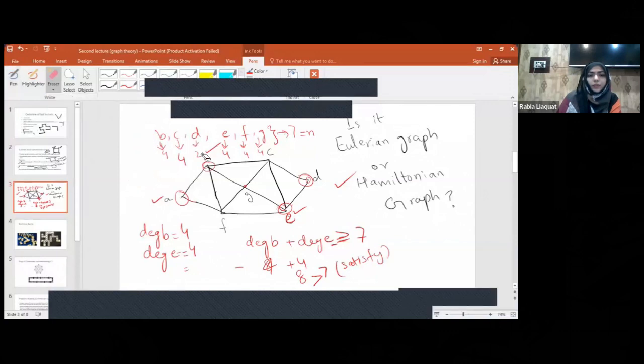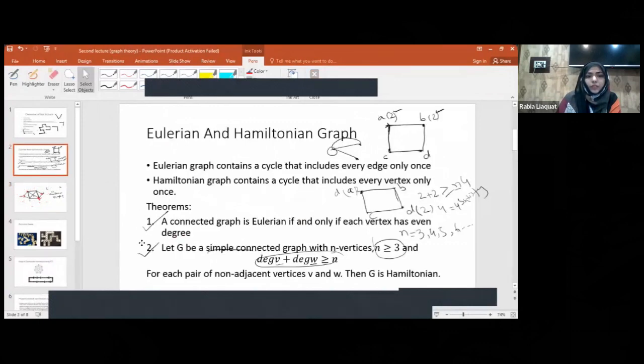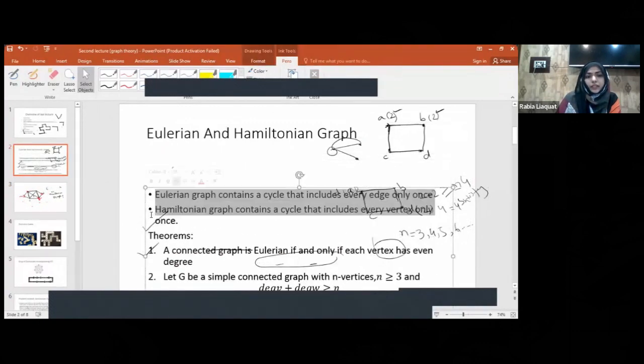Let me draw a path for Eulerian graph and Hamiltonian graph. Due to both these results, we just see whether it is a Eulerian or Hamiltonian graph, yes or no. Now we will draw a path, where Eulerian graph contains a cycle that includes every edge only once, and Hamiltonian includes every vertex only once.